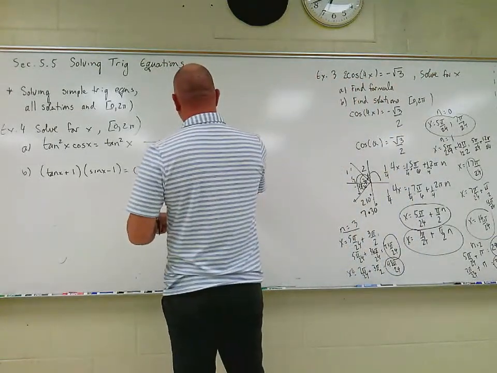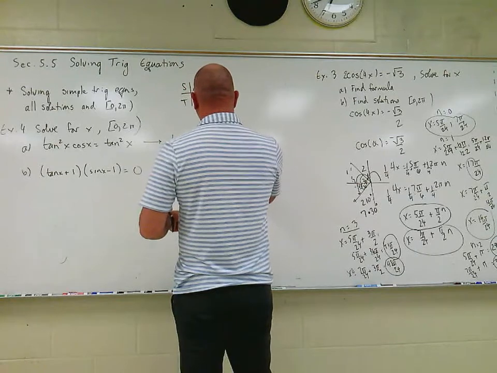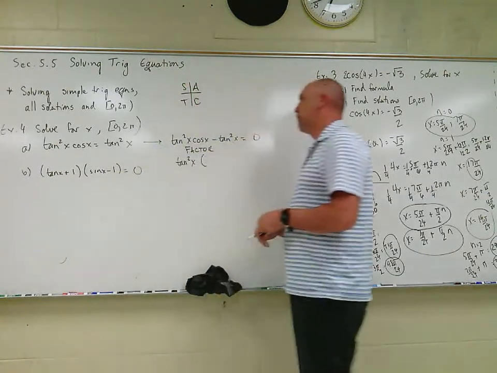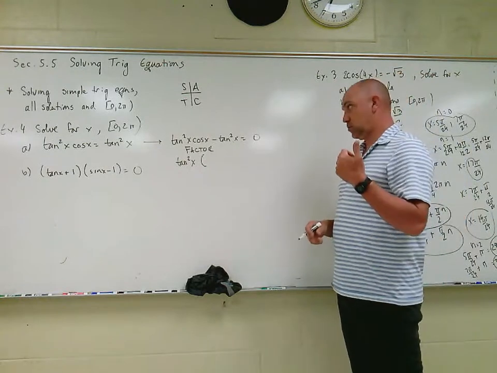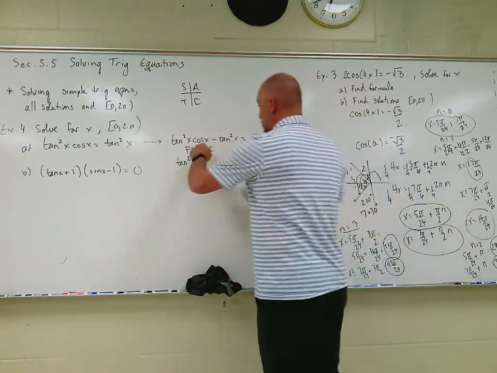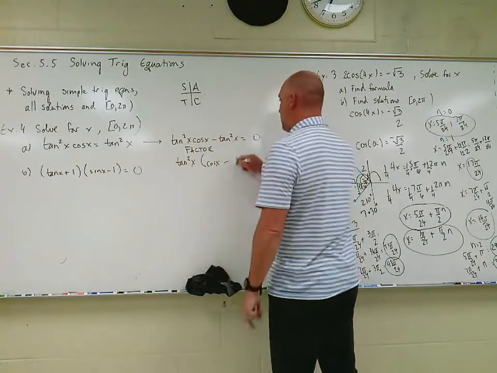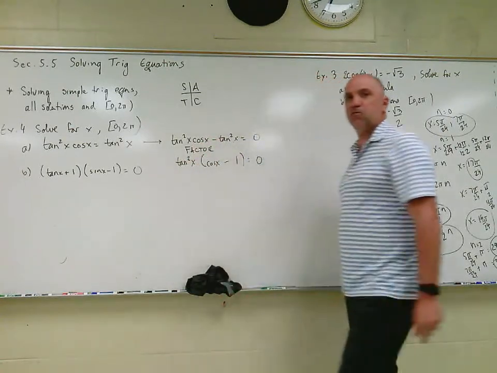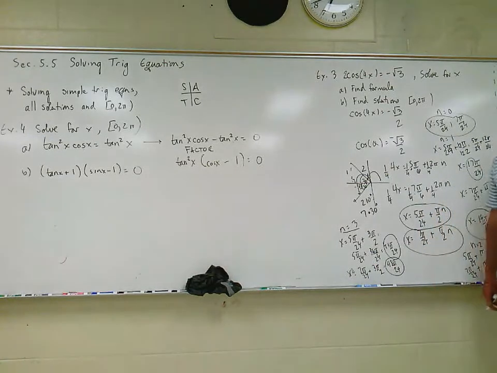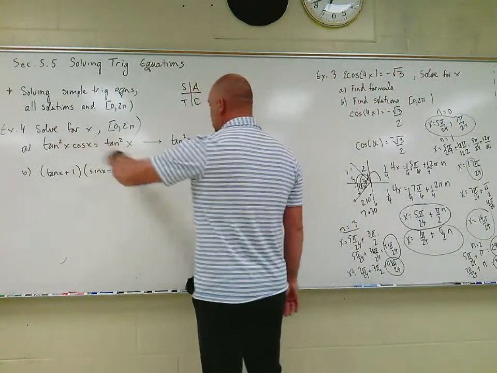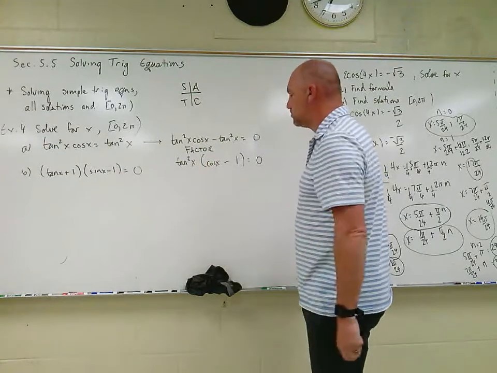If we factor out a tangent squared, it leaves you with what? Cosine x minus 1. And now what you've got is two simple equations. So we're going to use factoring, move everything to one side and use factoring to help us.